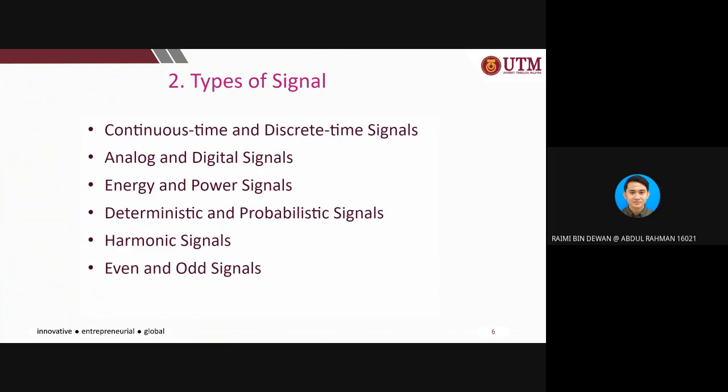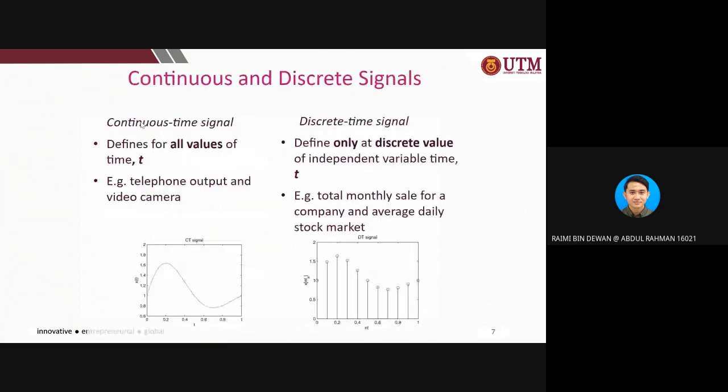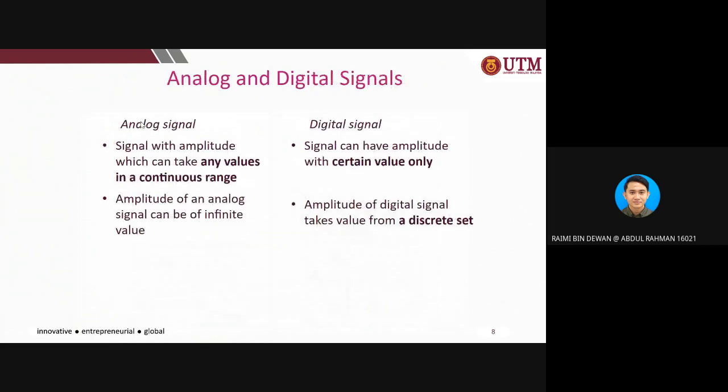Then we learned about harmonic signals, which are repetitive signals, and even and odd signals. Even corresponds to symmetric signals, and odd refers to anti-symmetric signals. So these are examples of the figures.